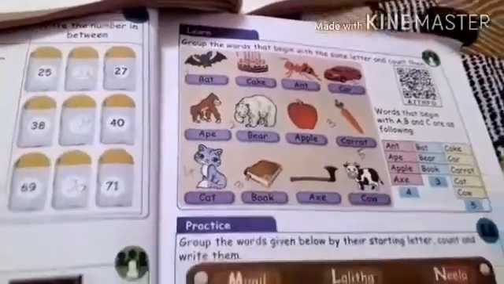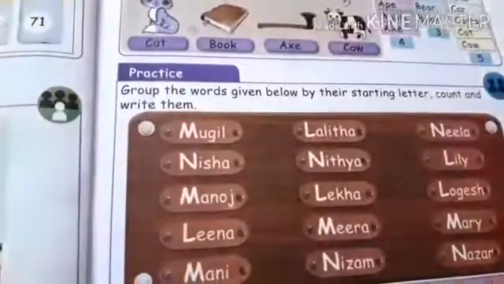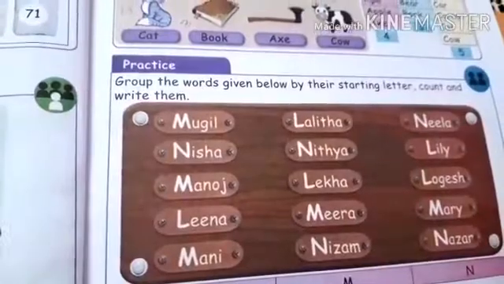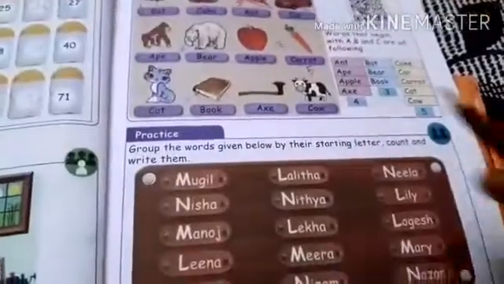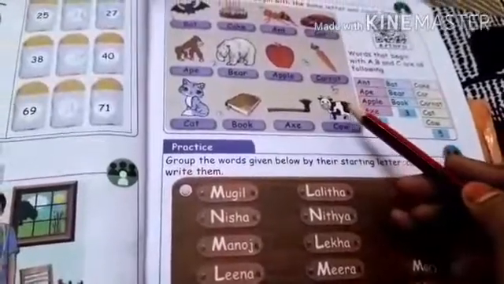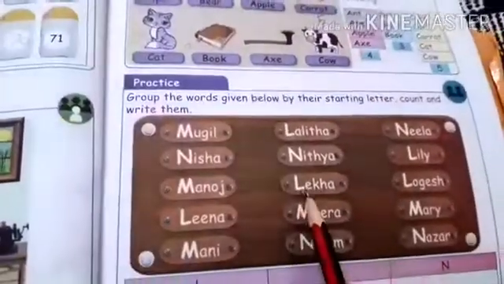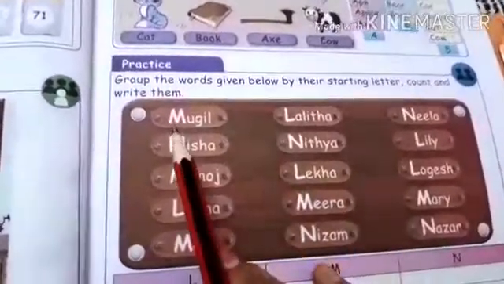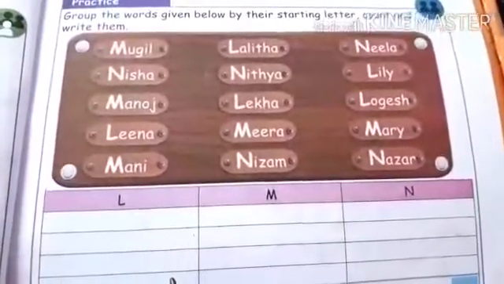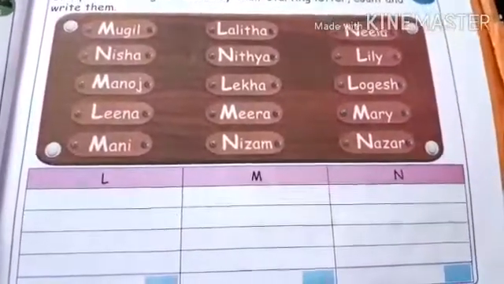Okay. Next one. Group the words given below by their starting letter. Count and write them. So you have done before, no? So like that you have to group these words starting with same letter. So this is do by yourself in your home. You have to take a rough note.